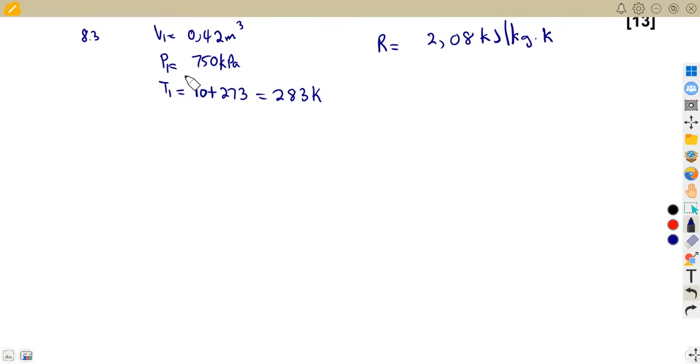All right. It follows that, if we do not have these conditions, the product of the pressure and the volume, we can say that PV is equivalent to MRT.